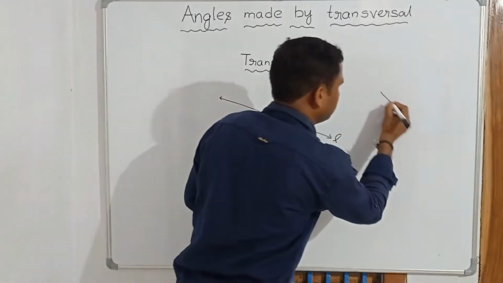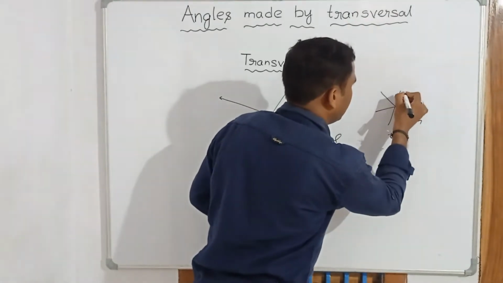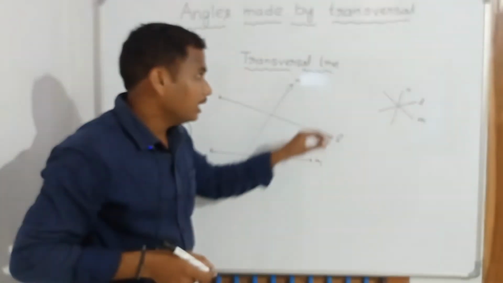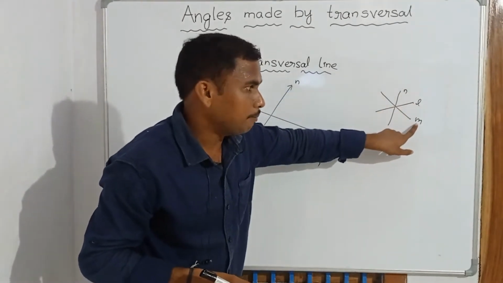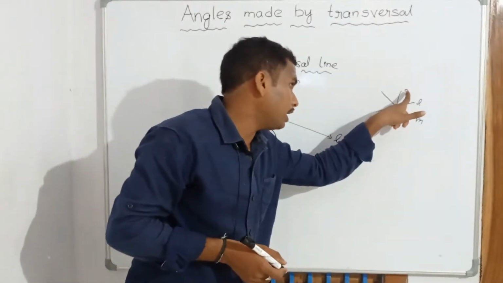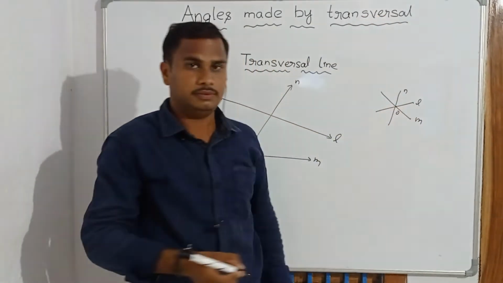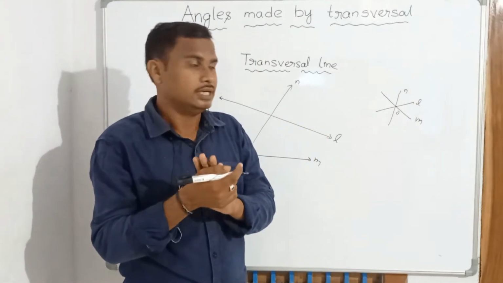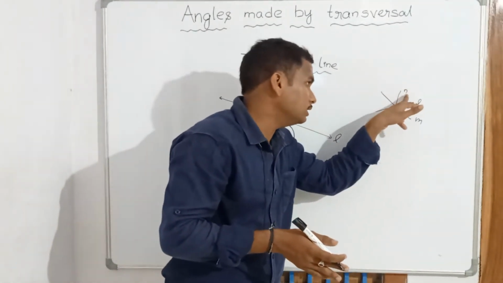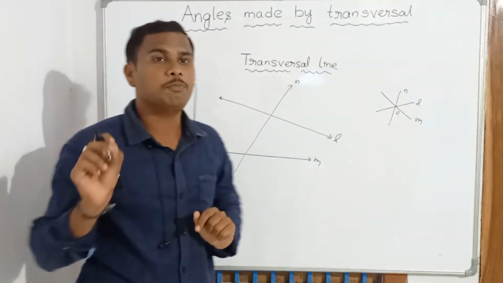See this, for example, L, M. This is N line. In this case, L and M are intersecting lines and N is also passing through that intersecting point. That means N is not a transversal line. Transversal means a line is passing through two or more lines at distinct points.